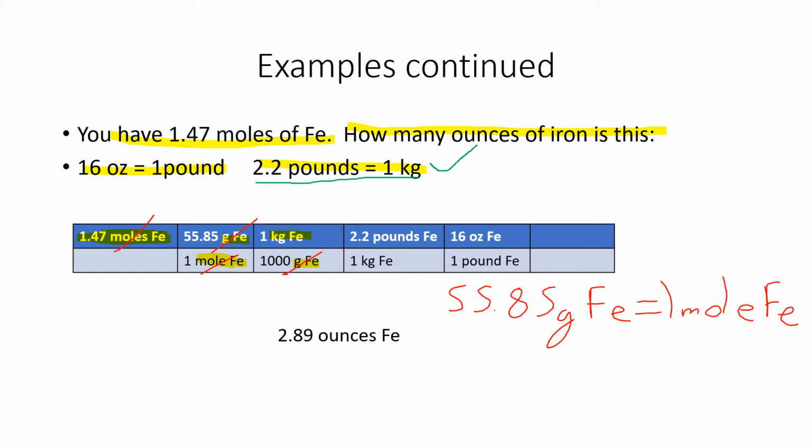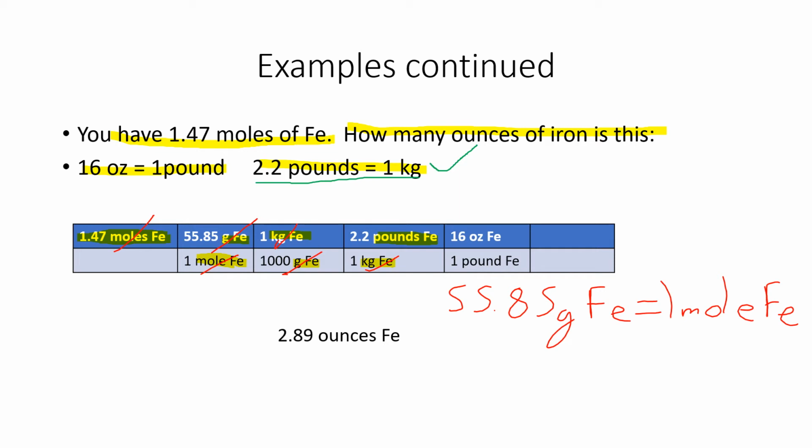We want our kilograms to go away, so our kilograms will go in the denominator to cancel with the kilograms we started with in the numerator, and we'll put our pounds in the numerator. Our kilograms of iron will cancel, leaving us with our pounds of iron. At this stage, we're in English units, which is what we wanted, but we're not in the right English units yet.